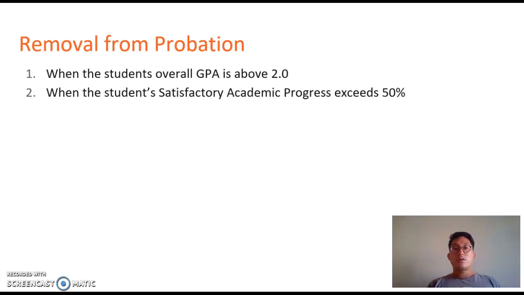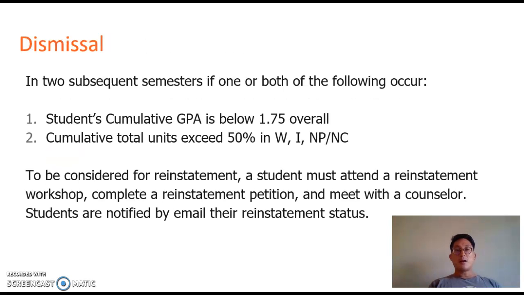So how do you get out of academic probation? Well, you can get your GPA up over 2.0 and get your completion rate over that 50%. Those are the basic keys. Sounds simple, right?